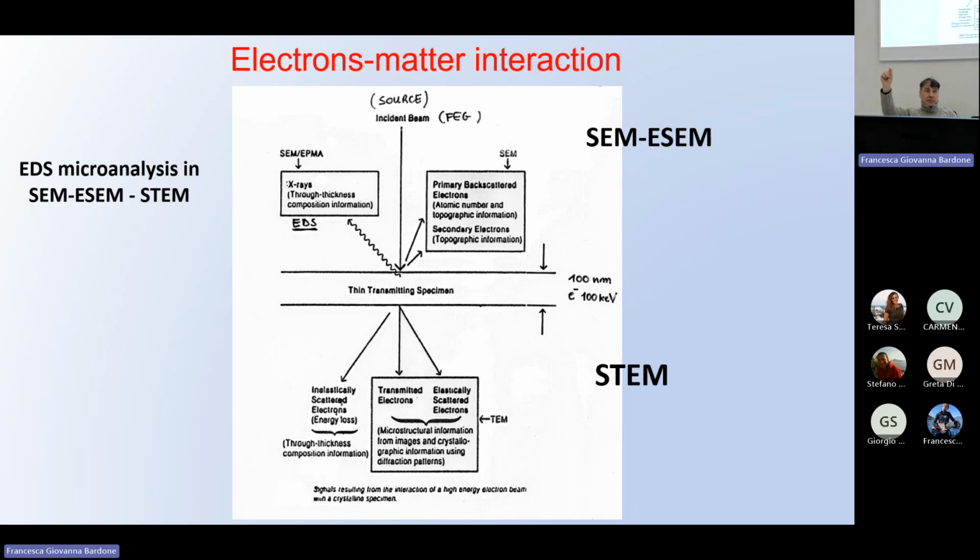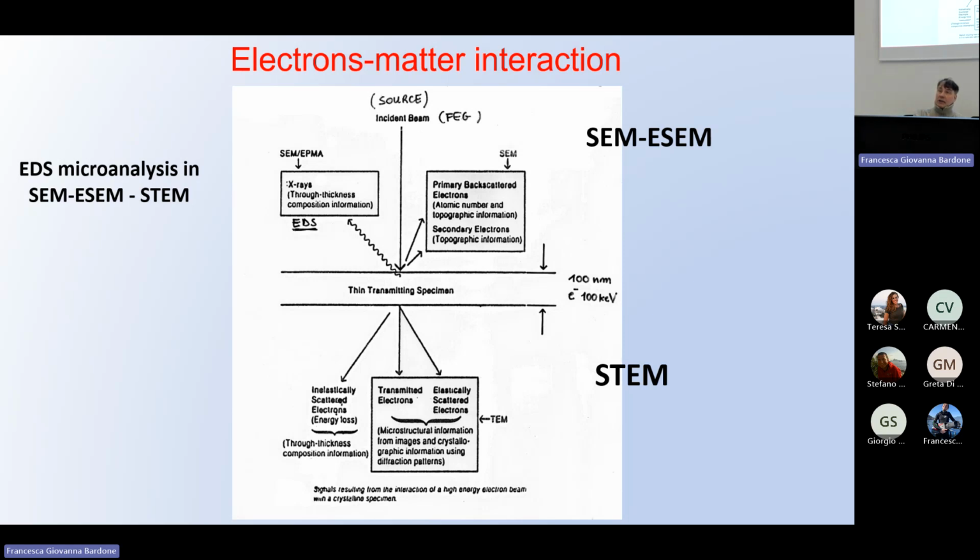X-rays come from the surface and energy loss comes through the sample. Most of the new analytical transmission electron microscopes, TEM, have both types of signal: X-rays from the top and energy loss from the bottom, through the sample. And what is the difference? The X-ray signal is very high for high atomic number elements.